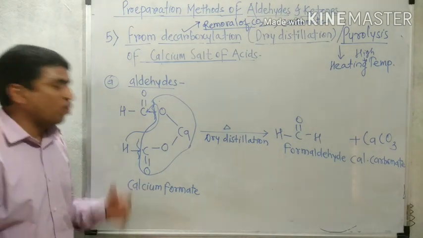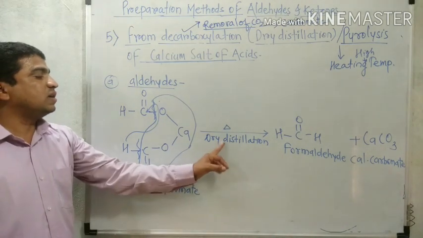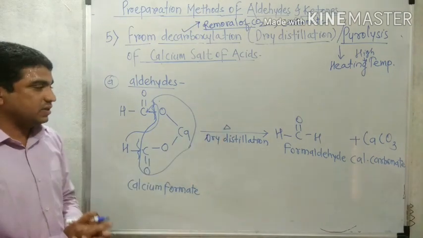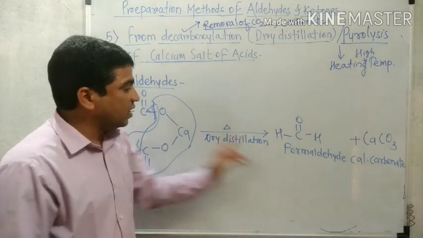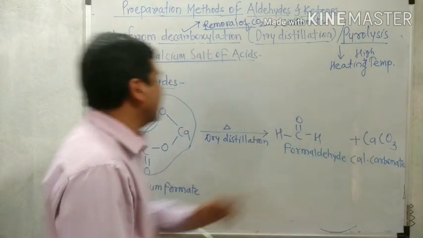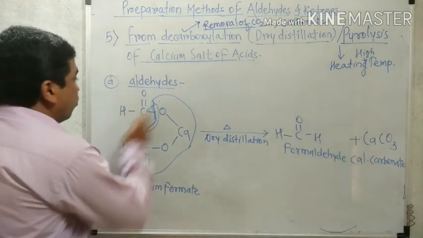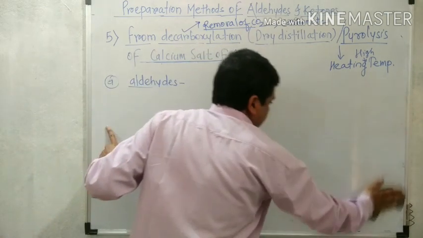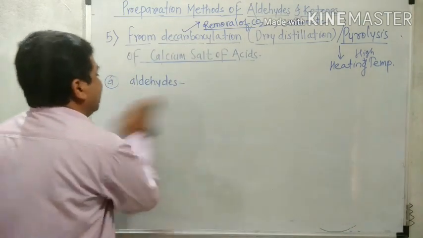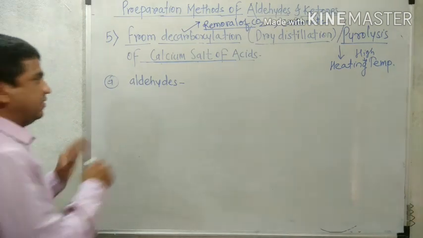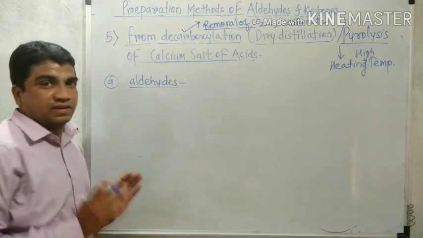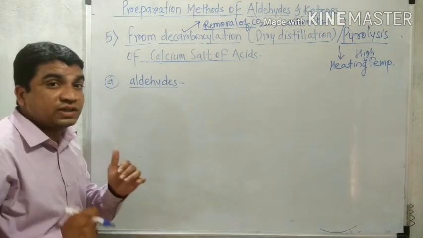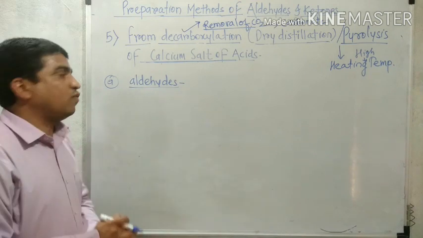When calcium formate undergoes dry distillation at high temperature, calcium formate is converted to formaldehyde and calcium carbonate. For formaldehyde, only the calcium salt of formic acid, that is calcium formate, is taken.